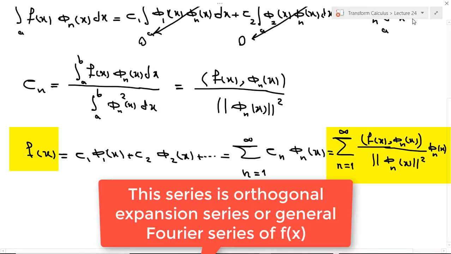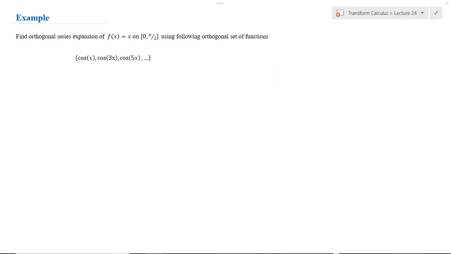Now we solve one example to see how this equation works. In this example, we're going to find the orthogonal series expansion of f(x) equal to x on the range of 0 to pi over 2 using the following orthogonal set of functions. We can easily prove that this set of functions is orthogonal, and we can find the norm. I can represent this set of functions as cosine (2n minus 1)x, because it's just odd numbers times x, and n can be equal to 1, 2, 3, and so on.